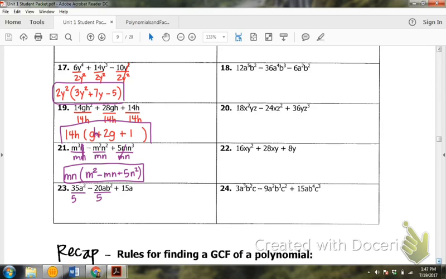Okay. Cade, how many A's can you pull out of all of them? Thank you, Cade. Okay. And Braxton, how many B's can you pull out of all of them? Woohoo, none. All right, so just 5A is what we're going to pull out.